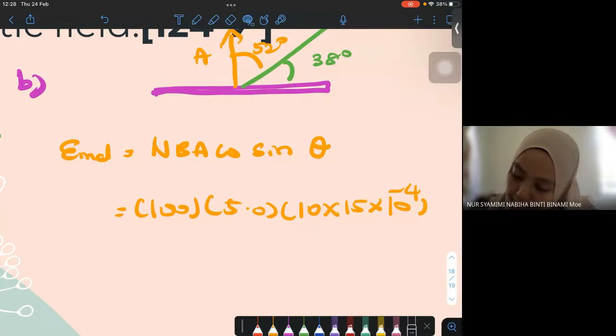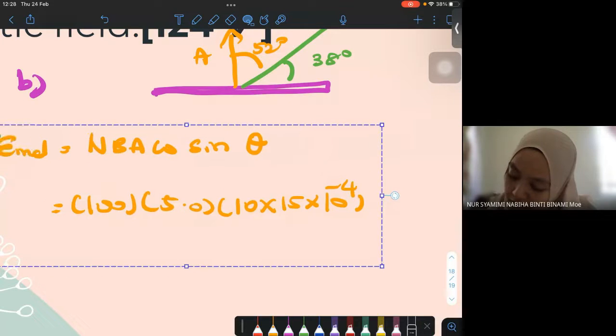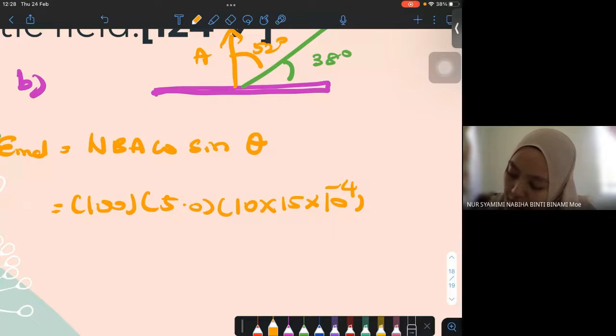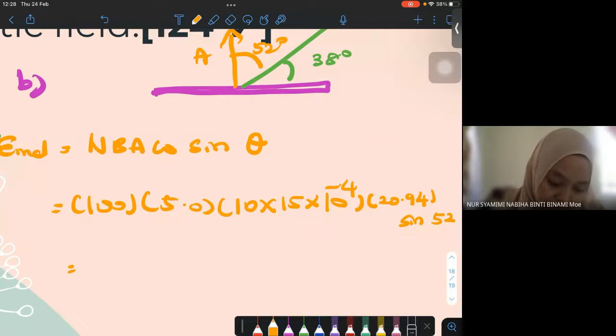Omega, we already calculated earlier, 20.94 radian per second, sin 52. So we get the answer is 124.